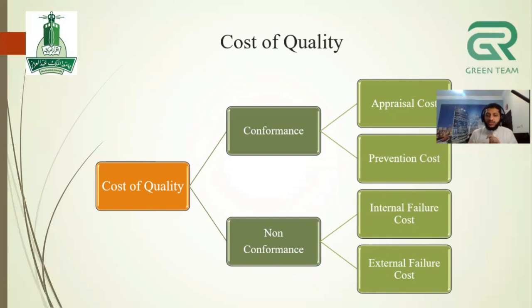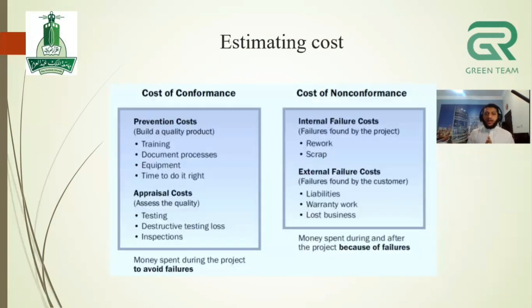The non-conformance is internal failure cost and external failure cost. And what do we mean by cost of quality? Actually, cost of quality means how much you will pay if you apply the quality in your project, and how much you will pay if you did not apply the quality for your project.